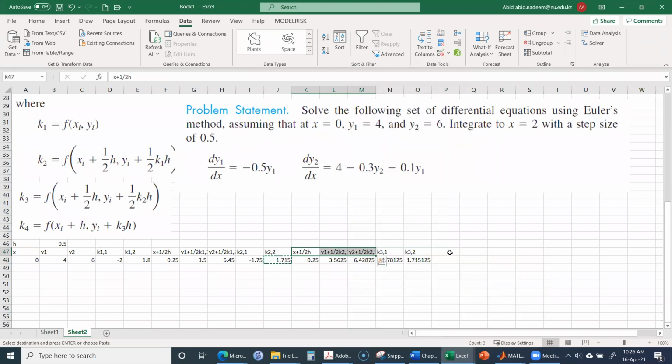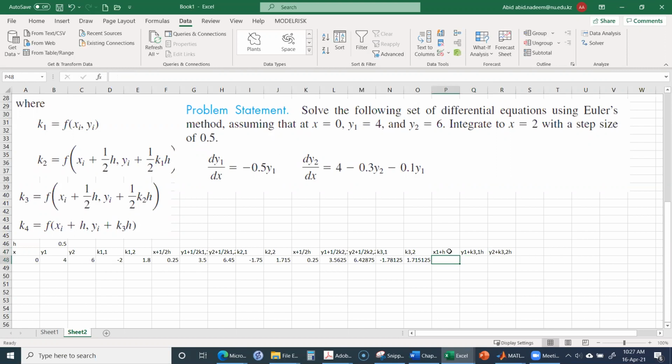Now for K4, it is x1 plus h. So we can take xi or x1 plus h, and then y1 plus K3h, and y2 plus, in fact, K3 of the second equation times h, and then this one is K3 of the first equation times h.